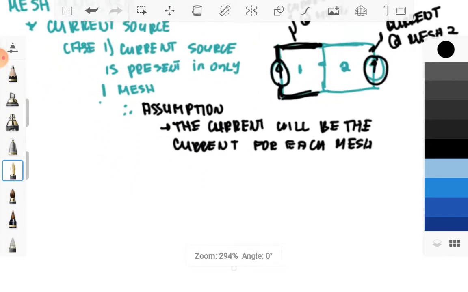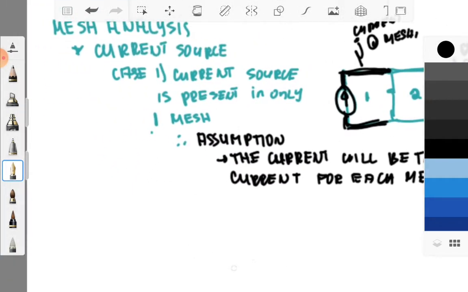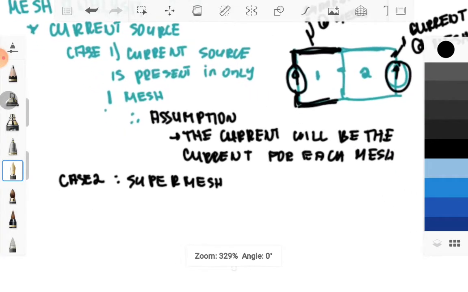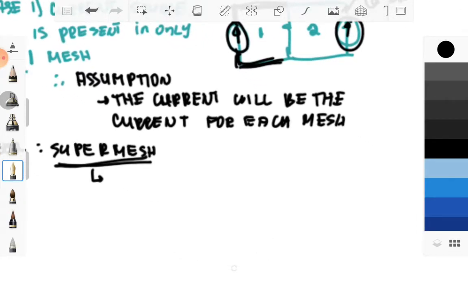Okay, so second assumption or your second case is we have our case 2, yung tinatawag nating super mesh. So, kailan nagkakaroon ng super mesh? A super mesh is made when there is a current source, dependent man yan or independent, within two meshes.